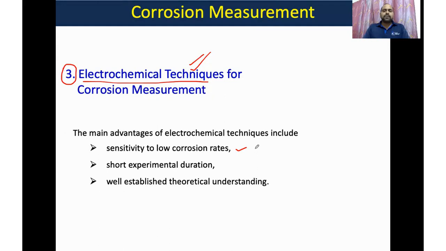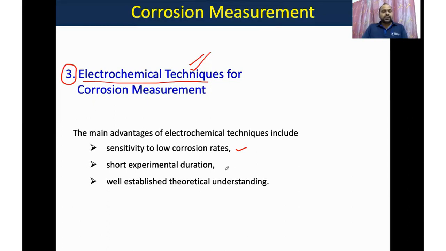And sometimes you don't have access to a sophisticated instrument like XPS, XRD, TEM, UV, FTIR, Raman, all these. So this is the one best method in which we can give very sensitive data, and we can even identify a very slow corrosion, right?